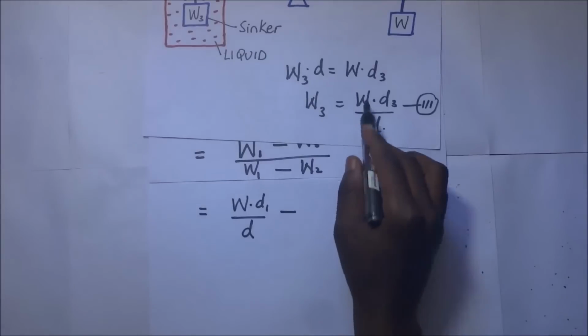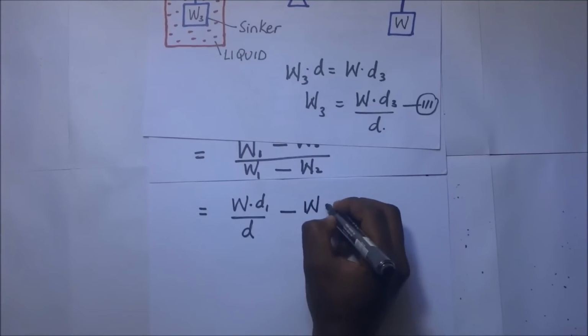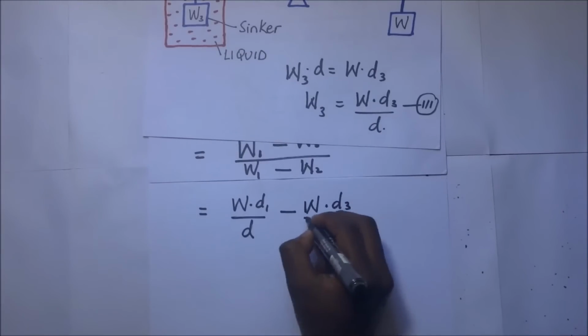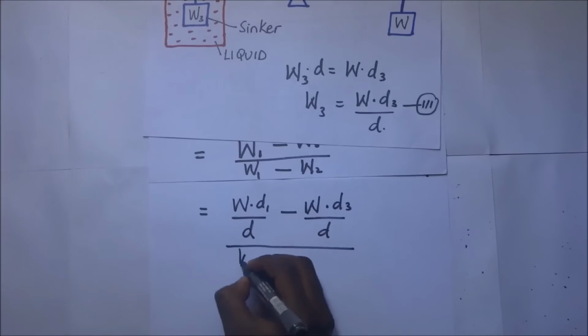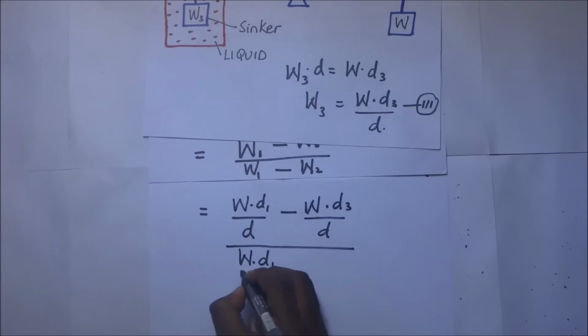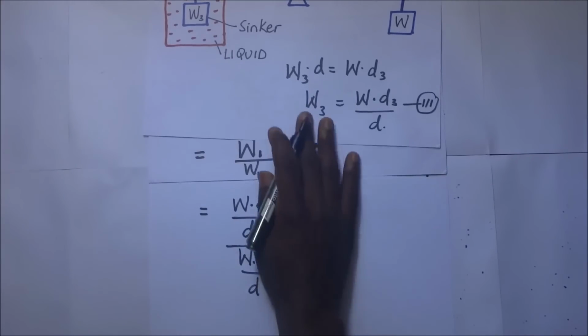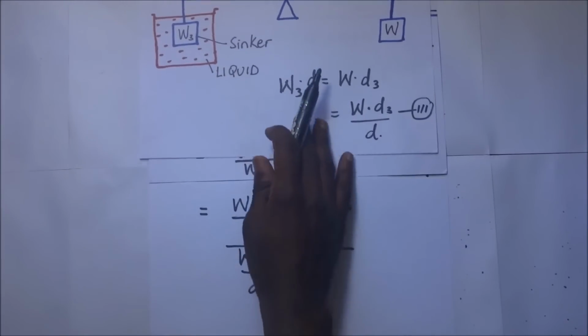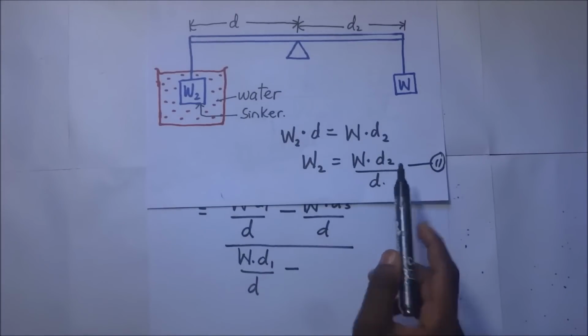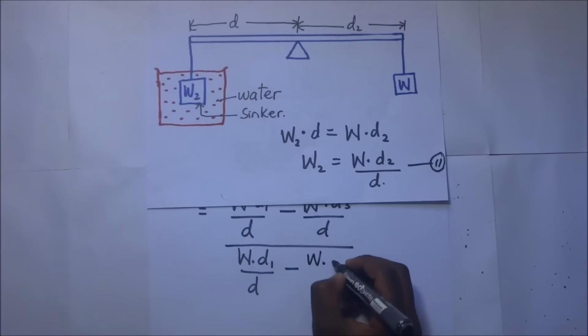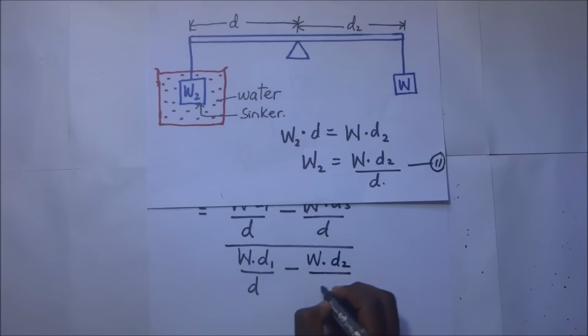W3 is given by W times D3, divided by D. Divide all that by W1 still, which is W times D1 over D, minus W2. What is W2? W2 is W multiplied by D2 over D.